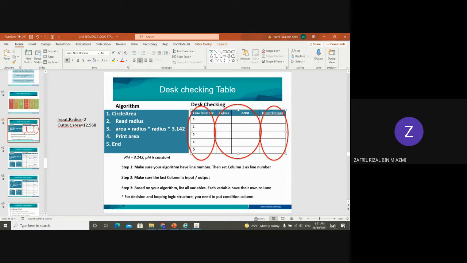So if you have 10 variables, you must have radius, area, and the other 8 variables. List down everything. And at the end of your table, you should have input/output. This is where we are going to put the details later on.